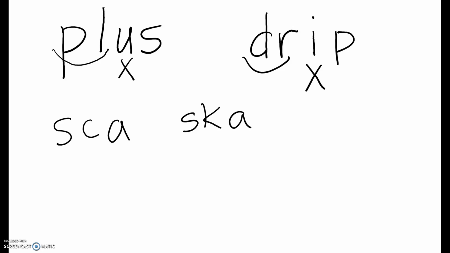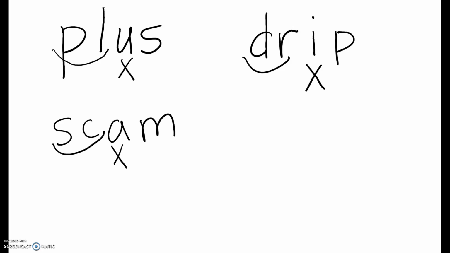So if you look at these, it's obviously an A, not a K, because K takes I and E, C takes the other three. So because it's an A, then you use the SC blend.